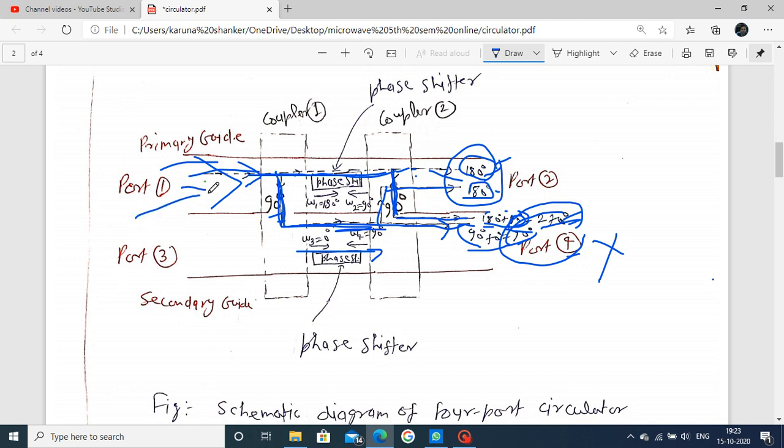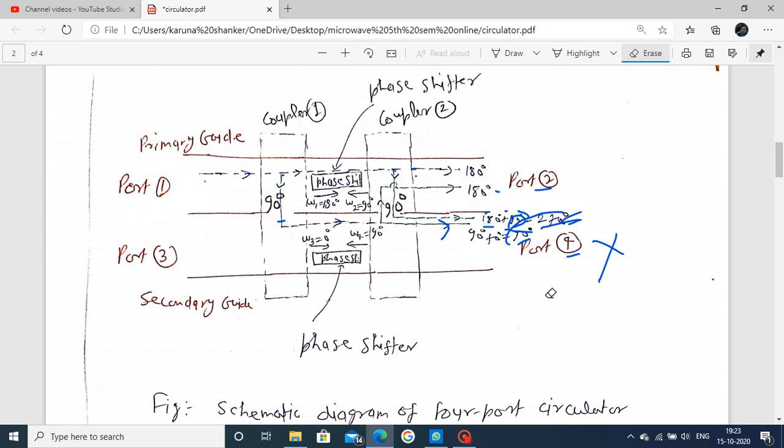When we consider port 1 as the input port, the output comes at port number 2 in the same phase. When we consider the direct path from port number 1 to port number 2, it moves with a 180 degree phase shift. Overall conclusion of this operation: when we apply the input at port number 1, we get the output at port number 2, and no power comes across port number 4.